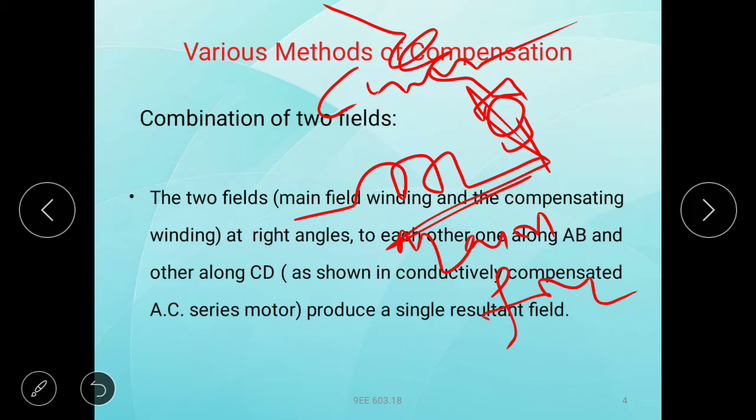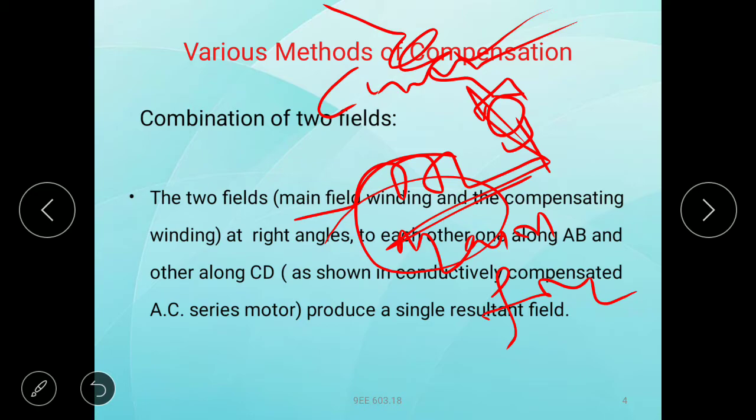This is the compensated winding and this one is the main field winding. So here the two fields, main field winding and the compensated winding, are at right angles to each other, one along AB and the other along CD, as shown in conductively compensated AC series motor.